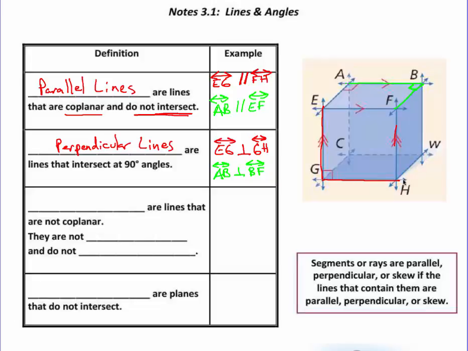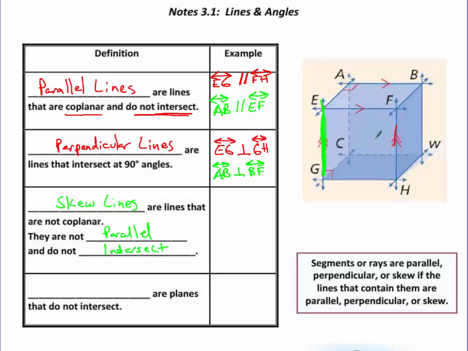Okay, there's some other kind of lines that we need to talk about. Okay, there's lines that are not coplanar. They are not parallel, and they do not intersect. And I told you what these are called earlier this year already, so see if you remember. These are called skew lines. And if we look up at our picture, an example of some skew lines would be line EG.